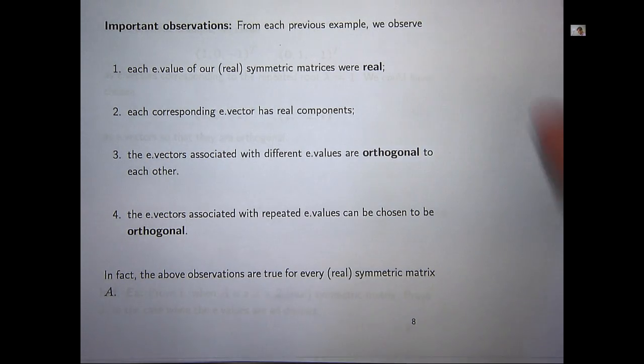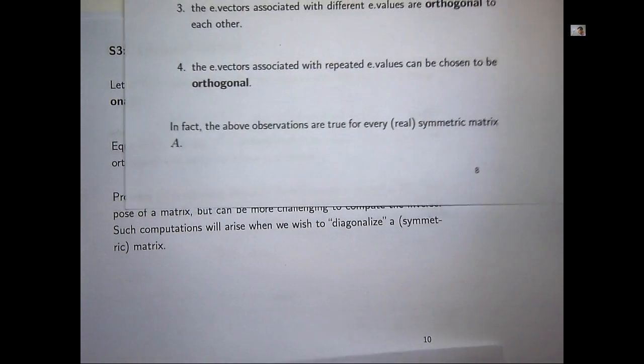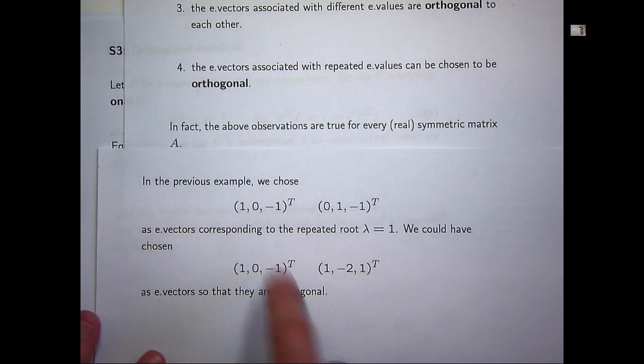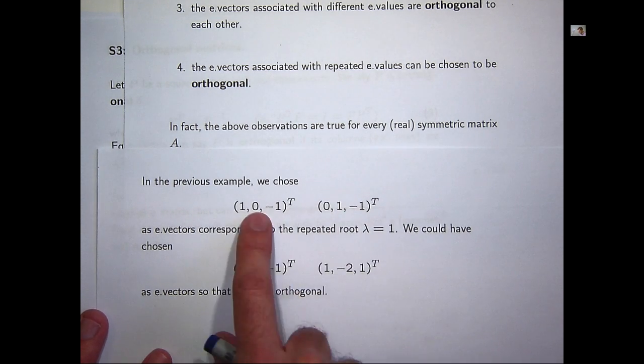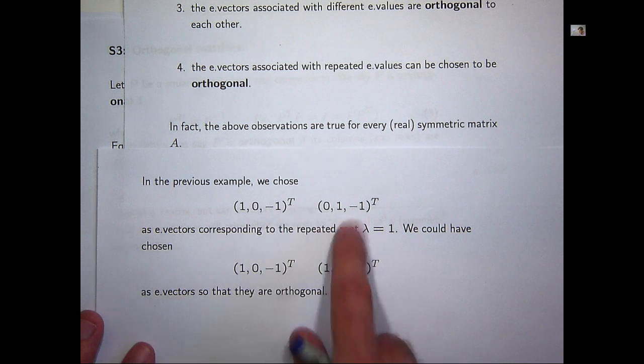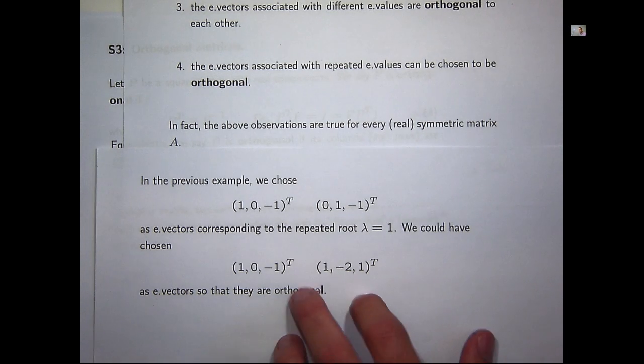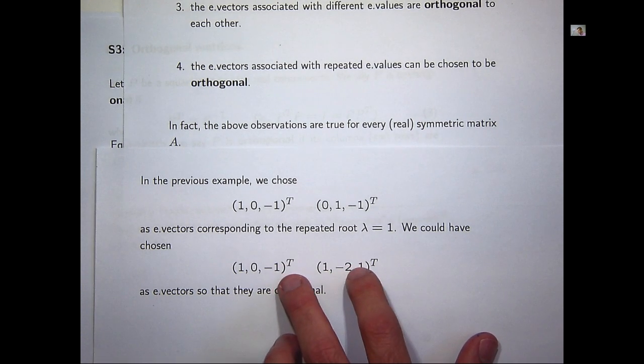Okay, so what do I mean by that? Well, in the previous example, the one that I just did, these were our eigenvectors. But I could have chosen them to be these eigenvectors. Okay?